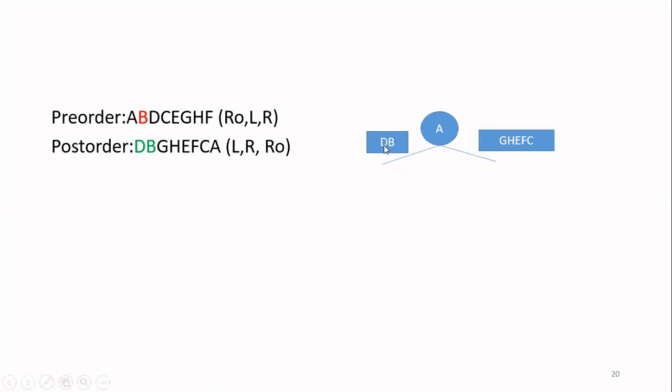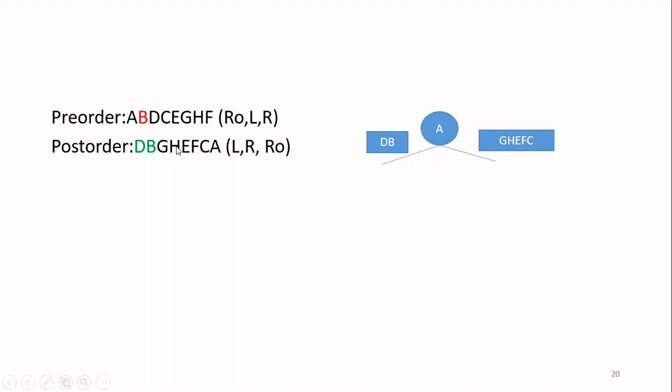Then what all the nodes will be in the right subtree? For that, I have to again consider with respect to this B only here. Whatever comes to the right of B, before the previous root node. What is the previous root node here? A. So you see from B till A. Whatever comes, you write them as a right subtree.